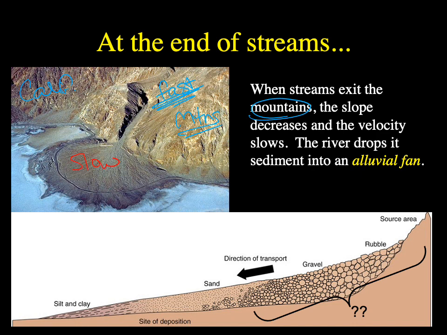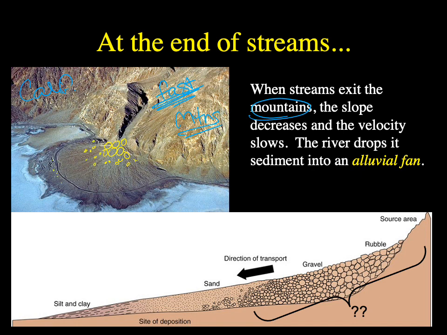And remember, when the water slows down, the water will drop off all of its sediment. And you already know that it drops off the coarse stuff first. The coarse stuff drops out first, according to Stokes' law. The finer stuff will drop out second, and it actually drops out in this beautiful fan-shaped feature.